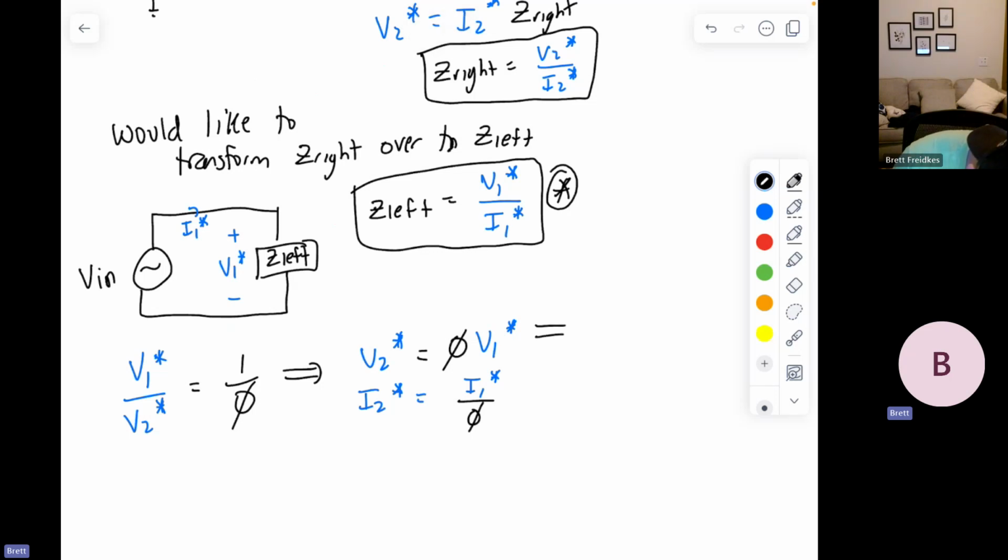So from this equation, V1 star is equal to V2 star divided by phi. And this equation says that I1 star is equal to I2 star times phi.